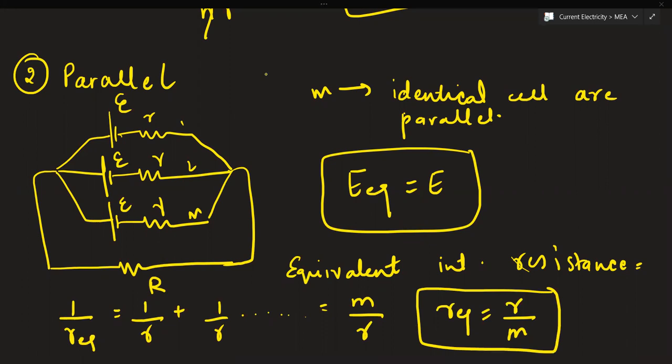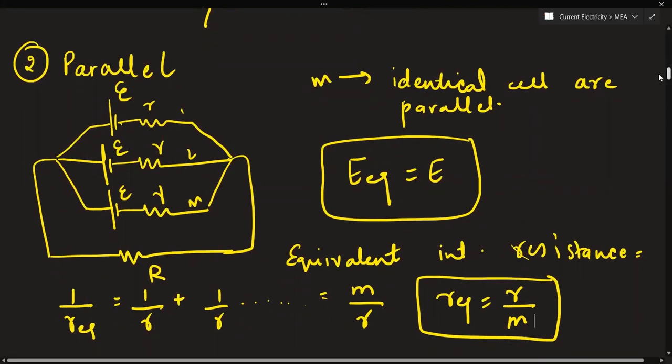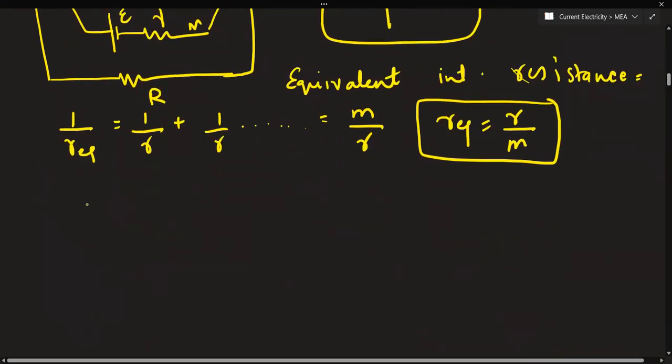You have the value of EMF, so now write the current, Hania. Yes, ma'am. M will also be there, because right now small r is getting divided by m. Now try it and see what the correct current is. The normal formula we know is I equals EMF, E, divided by internal resistance plus external resistor.